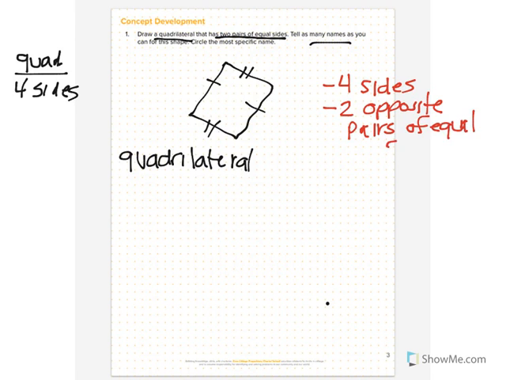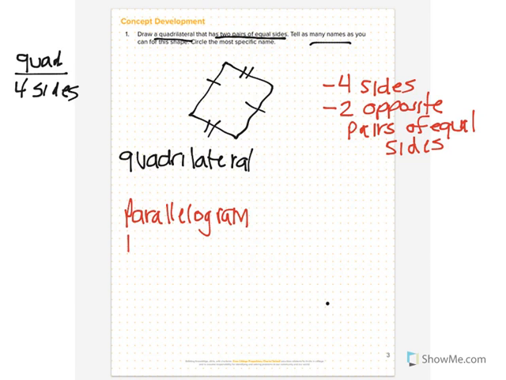Okay, so the other shapes that it could be, well, I'm thinking this looks like it could be a parallelogram. A parallelogram has 2 pairs of equal sides, and it has 4 sides.